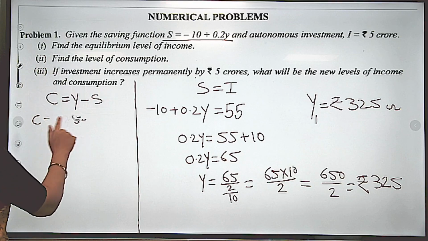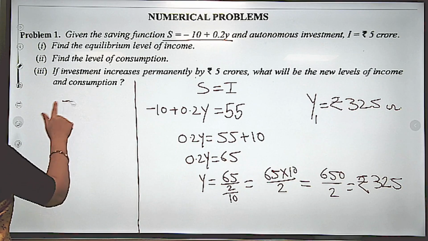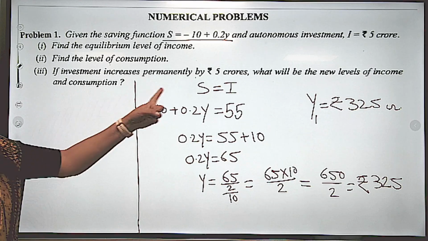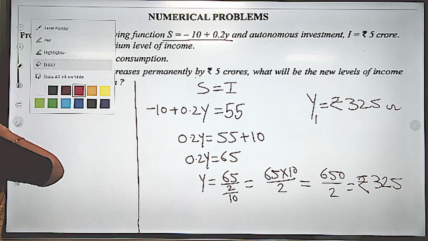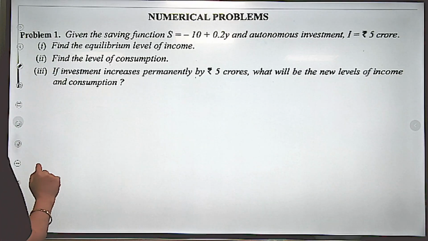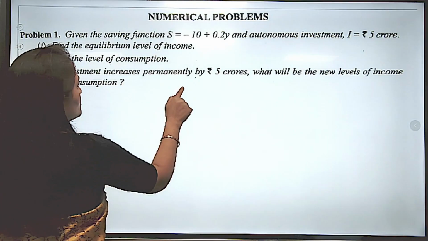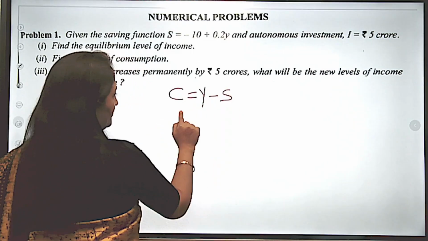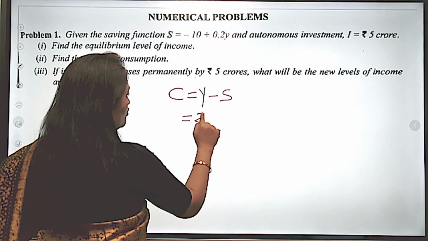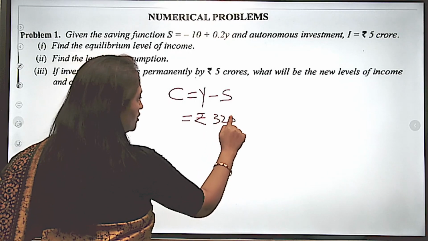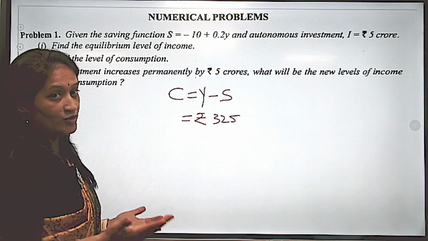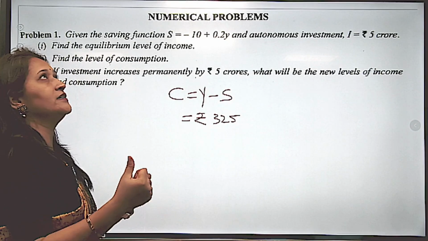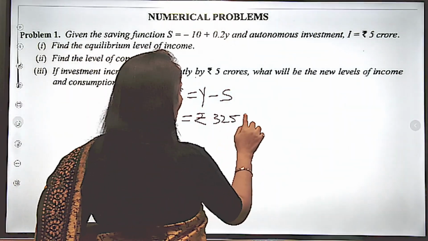Space is not sufficient to solve this question. I hope you have noted this down so that I can erase it and solve it for the equilibrium consumption. So C is equal to Y minus S. Y is now rupees 325 crores, because of the additional investment, the country's income has increased to 325 crore.